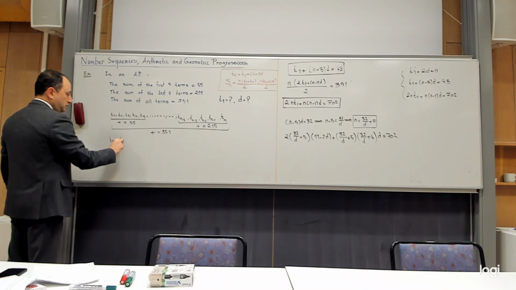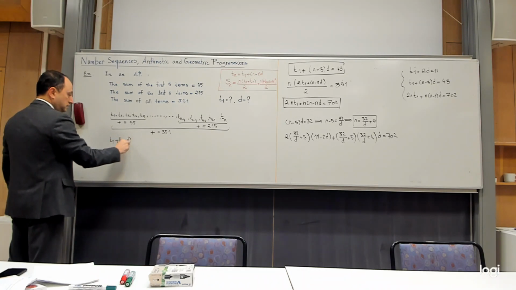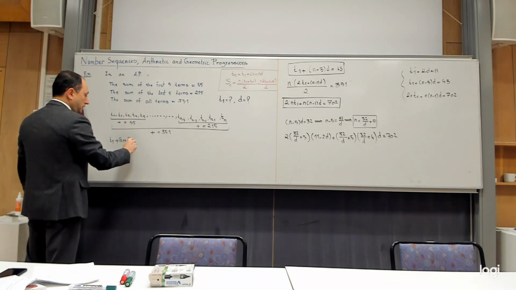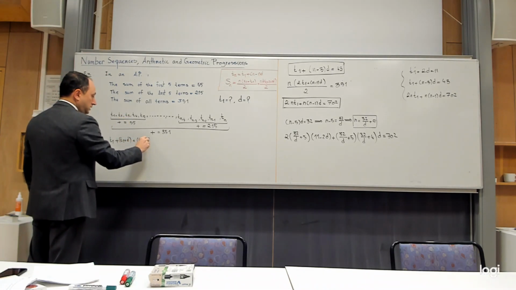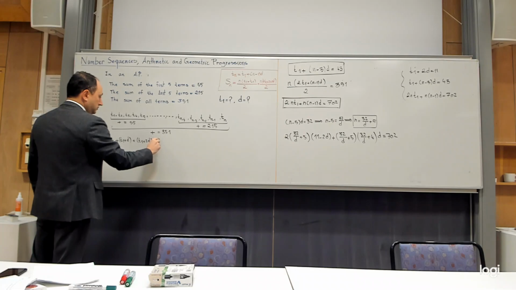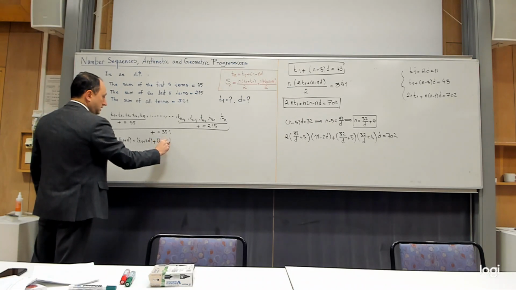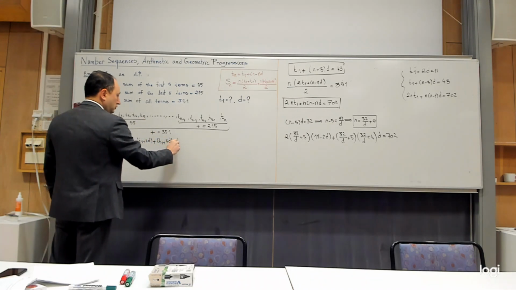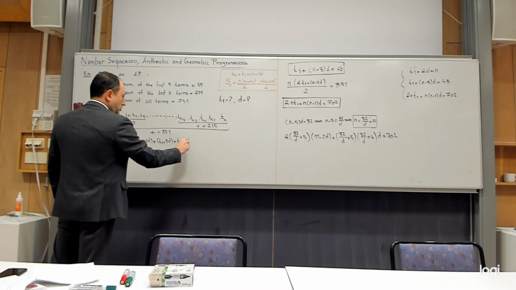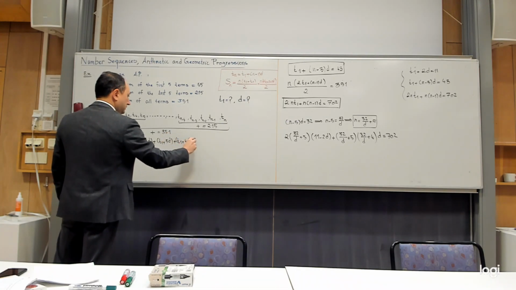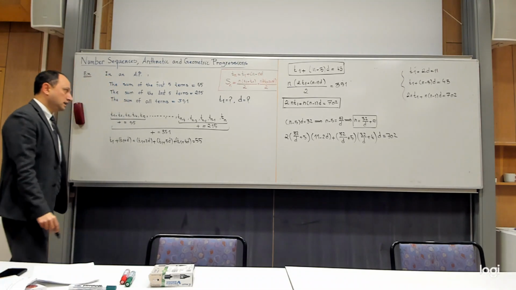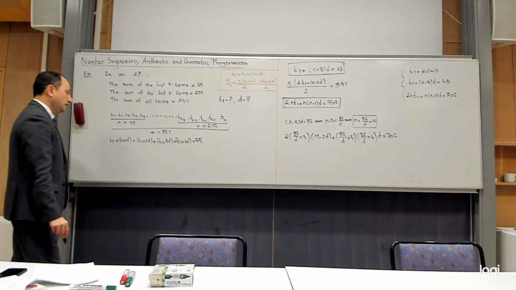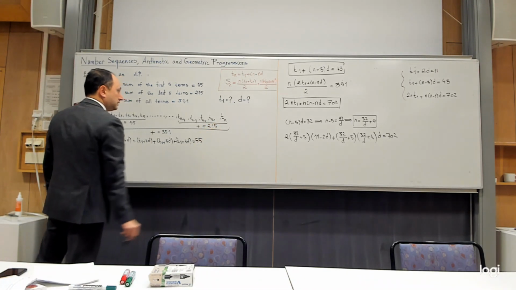I can write T1 plus 1D, yes? And instead of T3, I can write T1 plus 2D. And instead of T4, I can write T1 plus 3D. And then this becomes T1 plus 4D. So we know that this is 55.